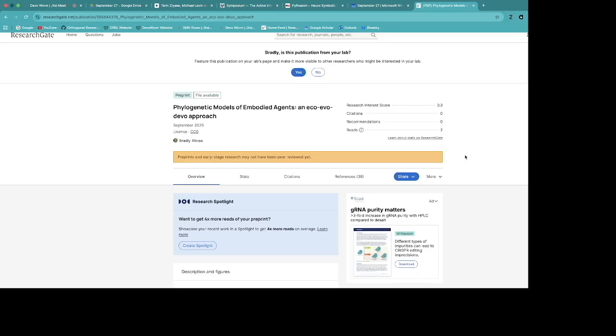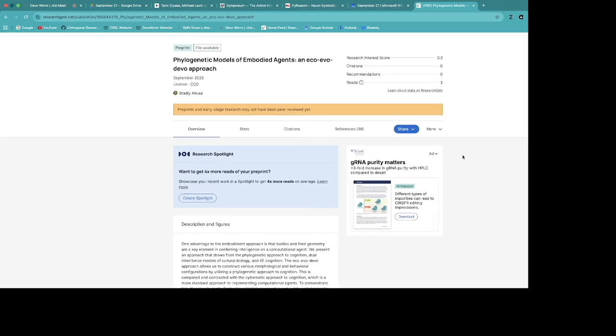This is phylogenetic models of embodied agents. This was presented at the Embodied Intelligence Workshop this year. So usually we submit a paper in conjunction with that talk, and this is the paper for this year.